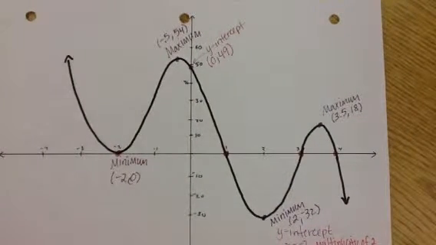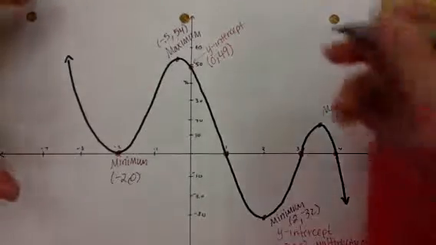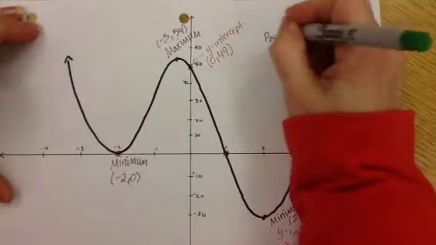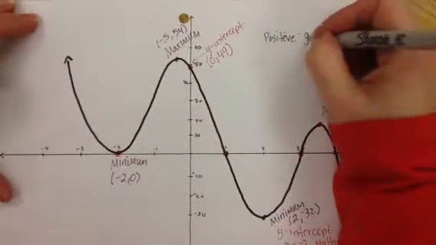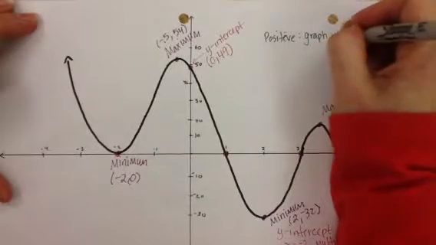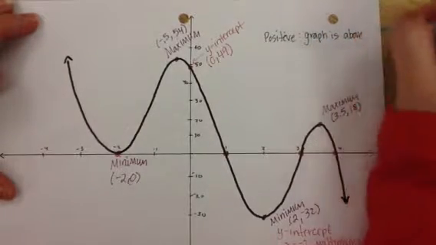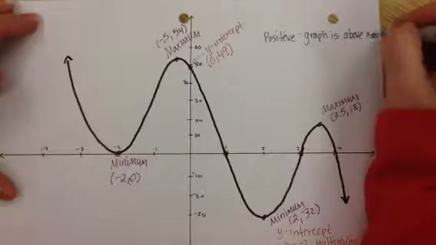Okay, another feature of our graph, we will want to talk about where the graph is positive and negative. So remember that positive means where the graph is above the x-axis.